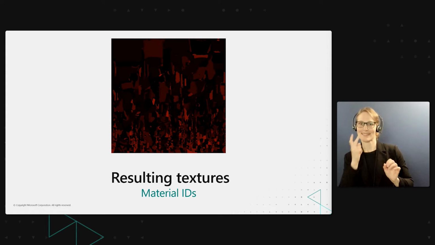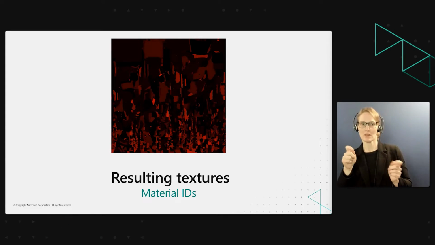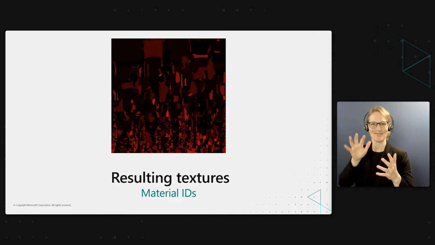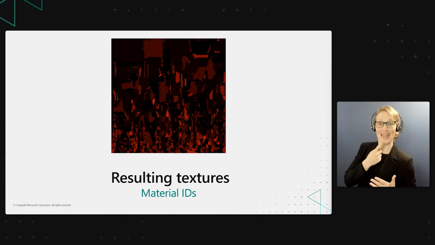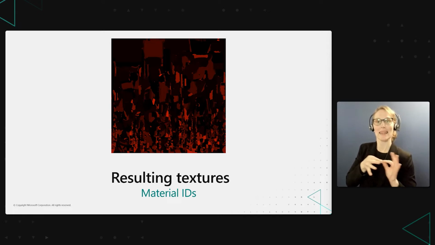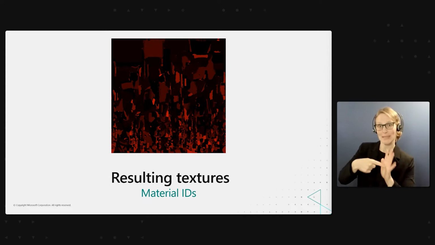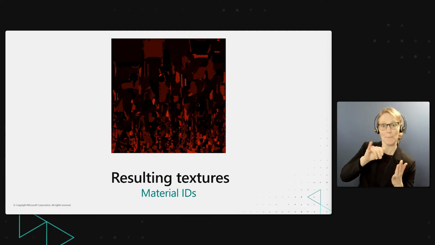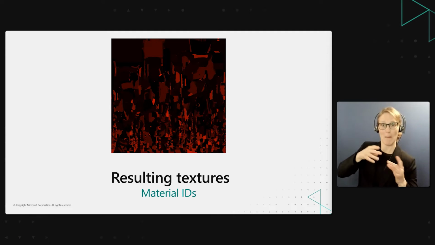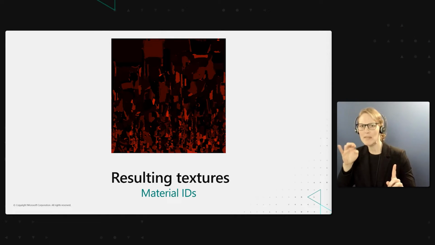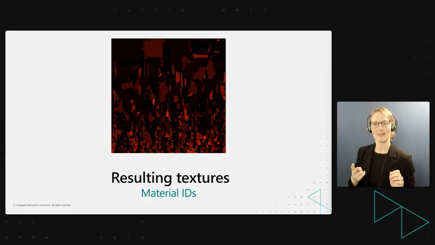So each of these nuances of red is a link to another material. So when you're looking up a pixel in the optimized version, you can then find out what the material ID was in the original version. And with these two textures, we can set up a shader.